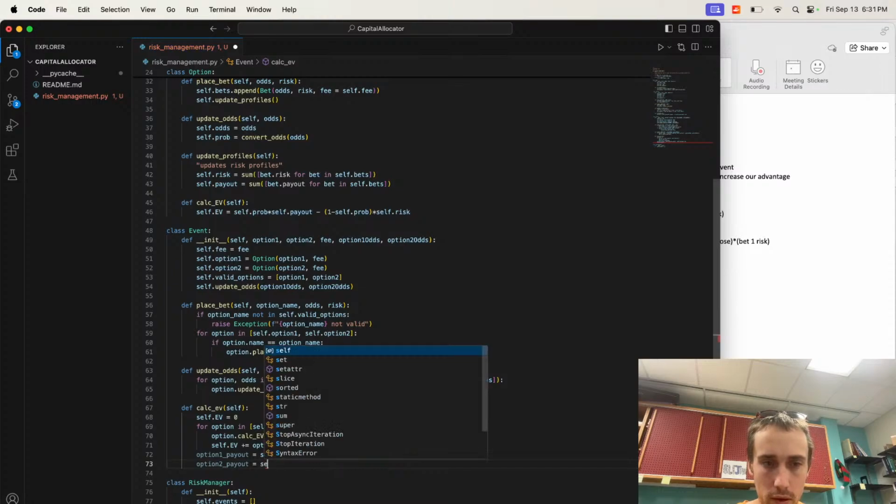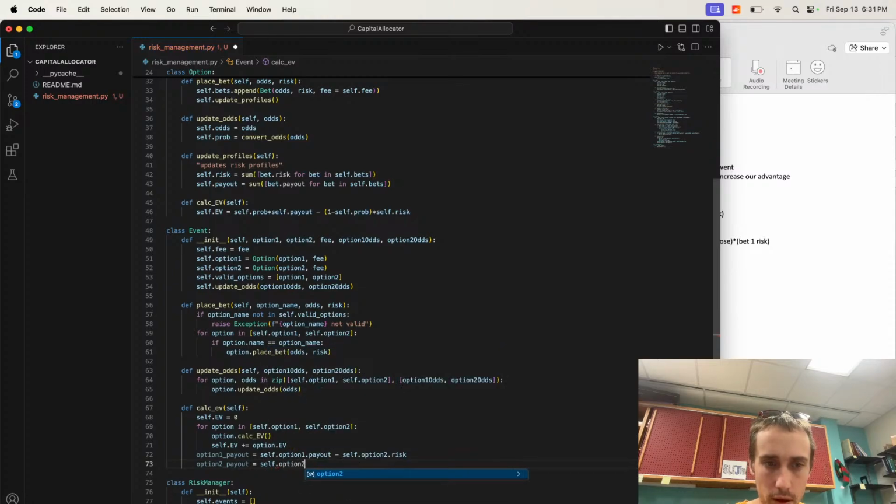And option 2 profit is equal to self dot option 2 dot payout minus self dot option 1 dot risk.